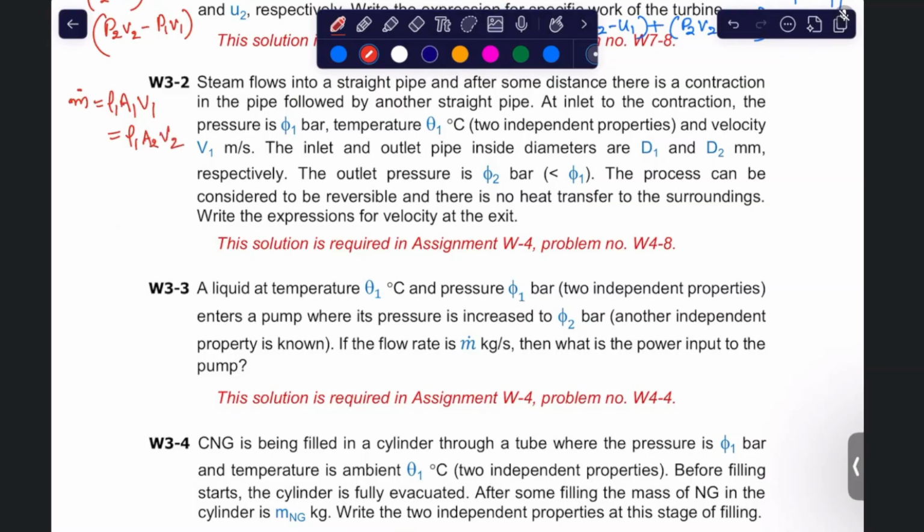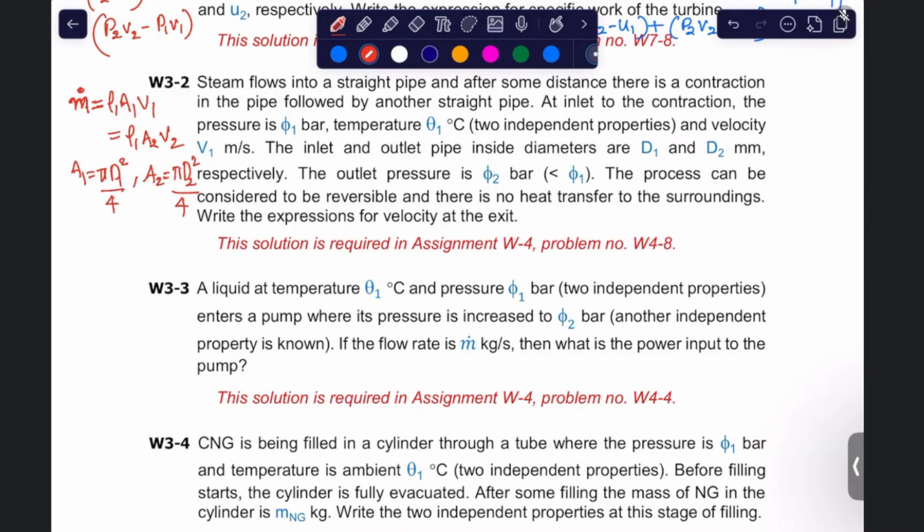Mass flow rate at inlet and outlet will be equal, and this A1, A2 can be written in terms of D1 and D2. So A1 equal to pi D1 square by 4, and A2 equal to pi D2 square by 4.